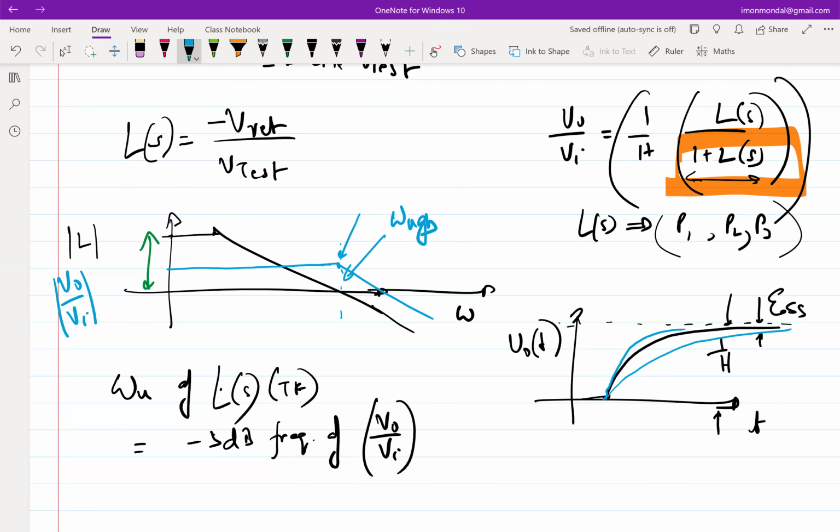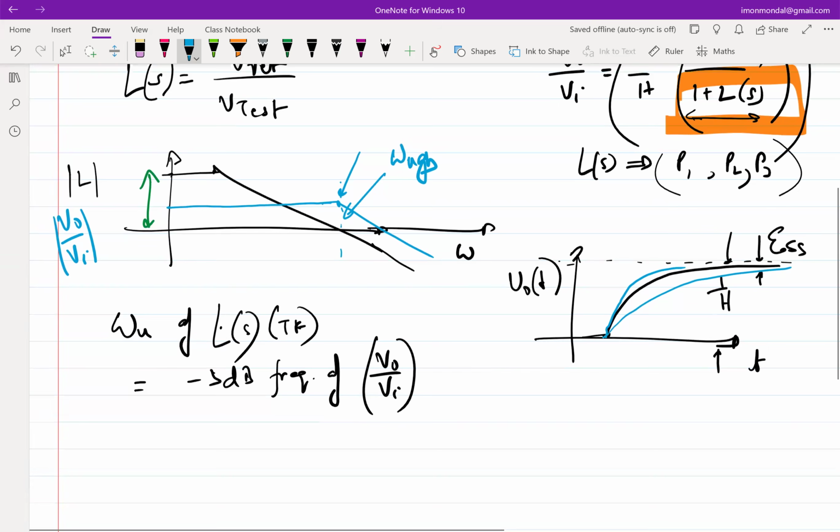Okay. So which essentially means that, if you have a first order system and you know that its pole is located at some omega UGB, you can directly correlate it with a first order low pass RC filter. And in a first order low pass RC filter, the pole translates to the inverse of the time constant, right?